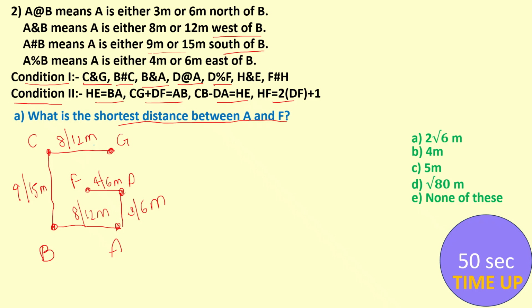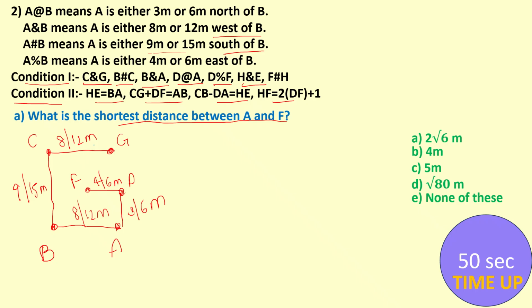Then next, what they have given? H and E. H and E means H is to the west of E. So E has no connection with H yet. The point H is not there and the point E is also not there.